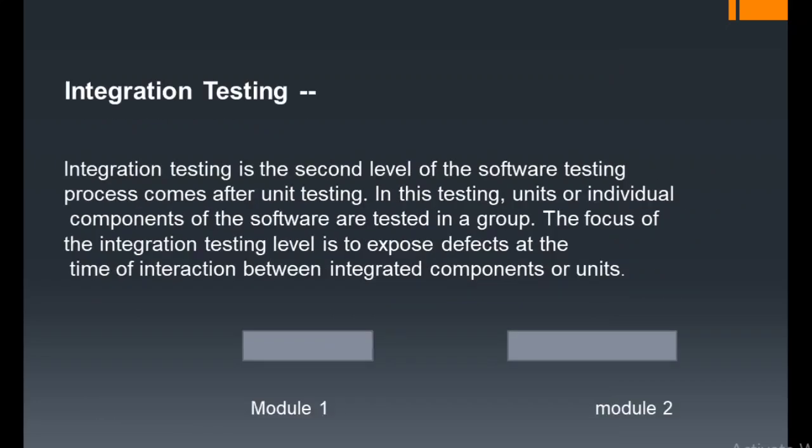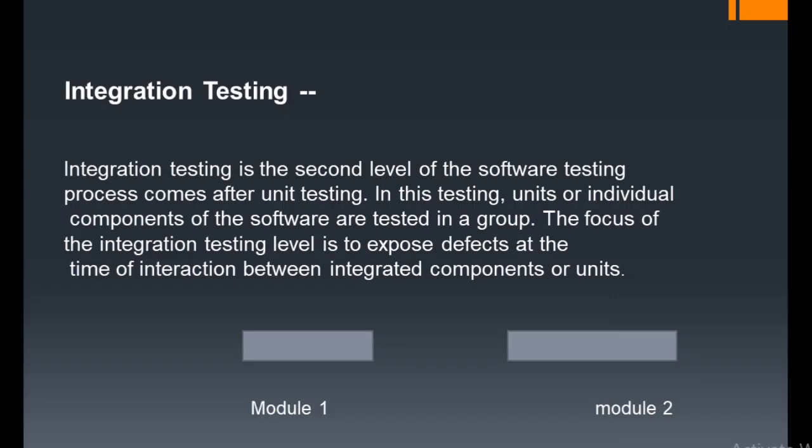The next testing process is integration testing. So what is integration testing? Testing the integration, relationship, or connectivity between two features or two modules. It is the second level of testing, which comes after unit testing or functional testing. In this testing, units or individual components of a software are tested in a group. For example, the figure shows two modules.